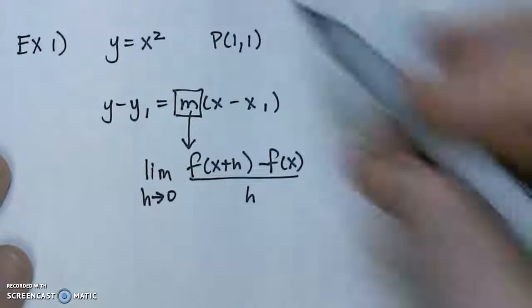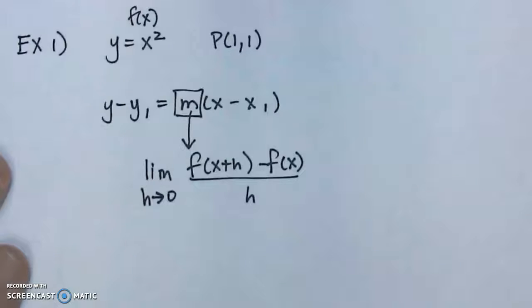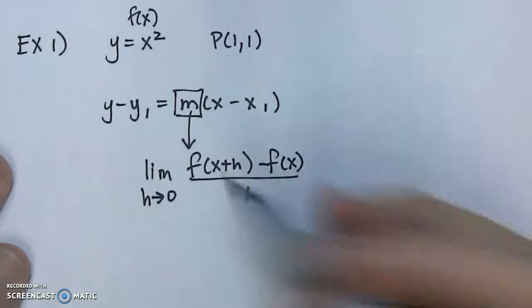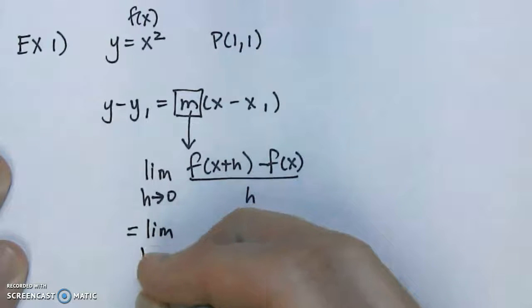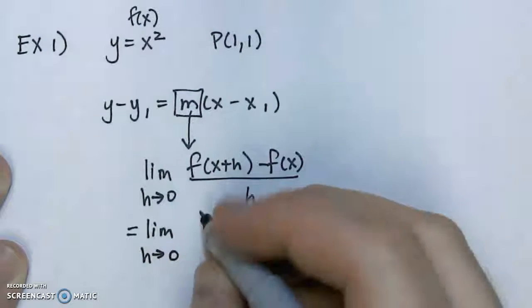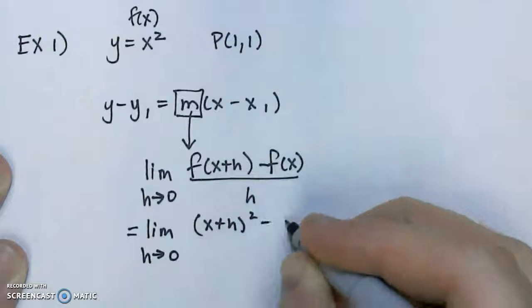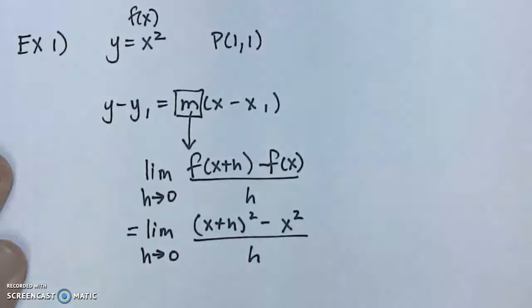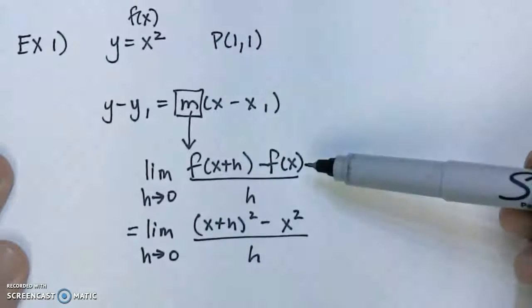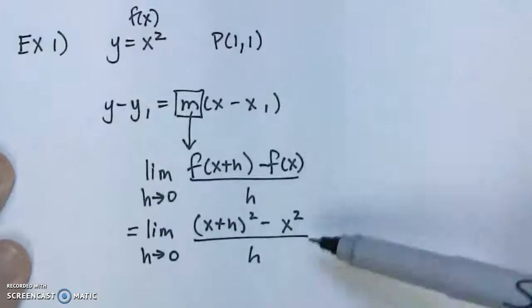So our f of x is x squared, and we're going to go ahead and use the formula for x squared. So this was just the formula, and now I used x squared and the formula to create this.